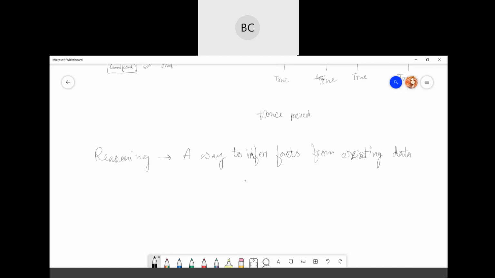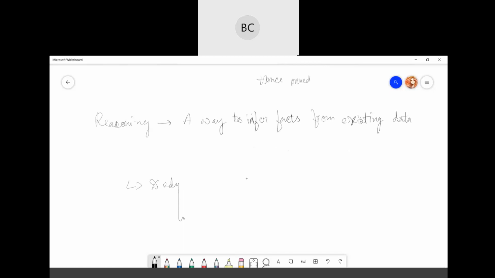Reasoning can be of many different types. It can be deductive. Deductive means deducing new information from logically related information.